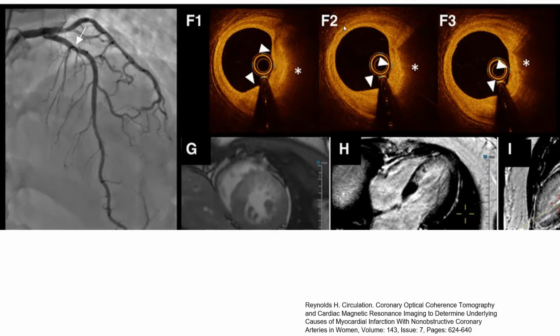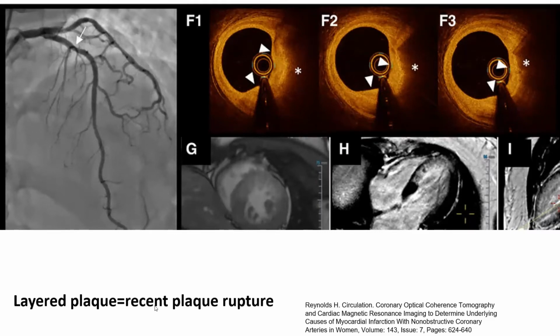Whenever you see that, a nice intima with an abrupt sharp bend followed by a lipid core that is covered, this is an indication of what we call layered plaque, which indicates a recent plaque rupture. And I'll tell you how it happened. So basically, this patient had a heavy lipid plaque that ruptured, and it ruptured here where that acute dark angle is.